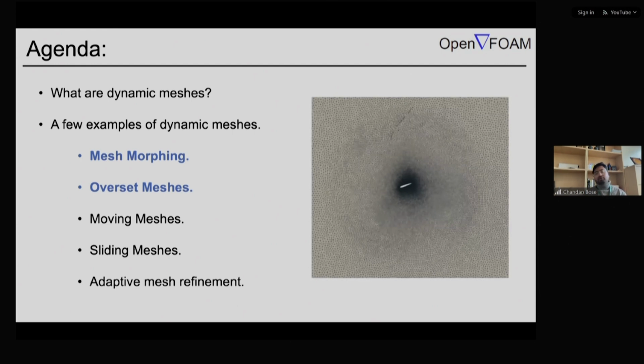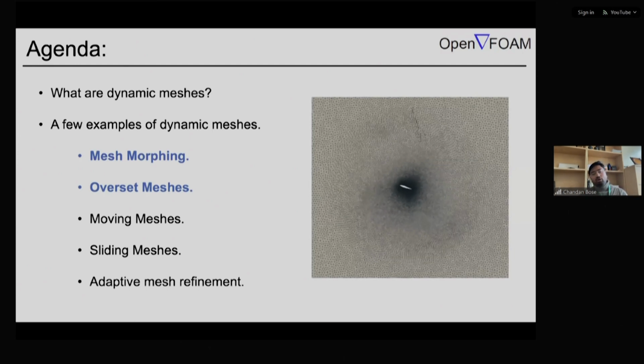However, the focus of this talk will be more on external aerodynamics problems, because I guess the audience is more interested in that. Even within dynamic meshing techniques, we have multiple different types of algorithms or approaches by which we can implement dynamic meshing to move a body or a structure within our computational domain.